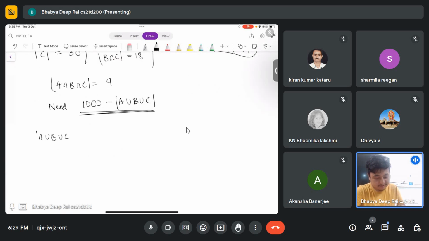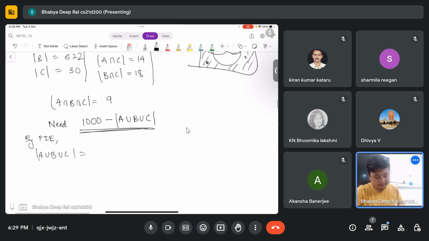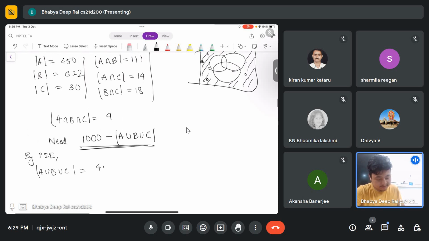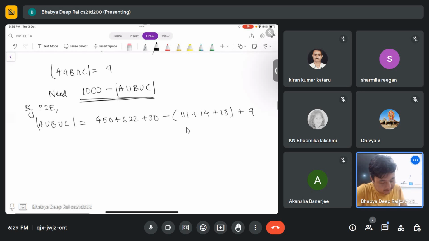A union B union C. Now, by the inclusion exclusion principle (PIE), we just add the single sets, and then comes the pair of sets. We subtract them: 111 plus 14 plus 18, and then we add the final 9. Please let me know if there is a mistake.